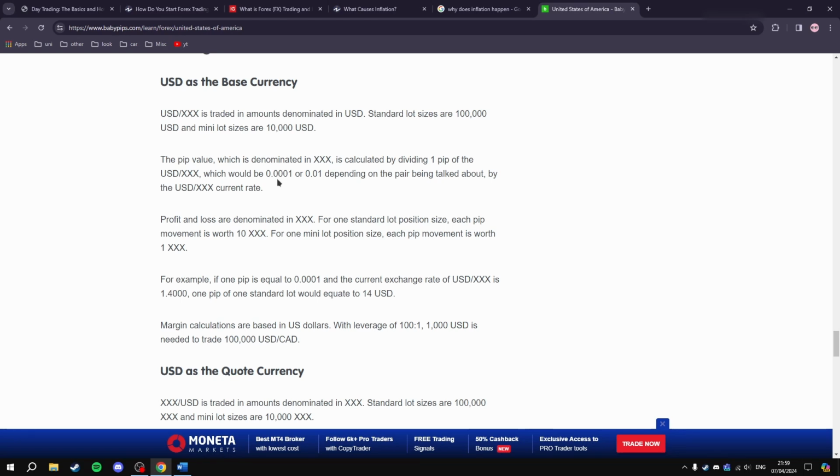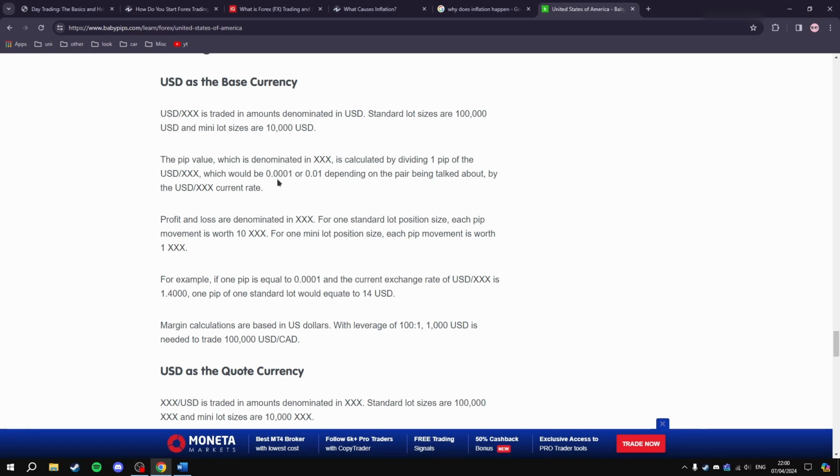Profit and losses are denominated in XXX. For one standard lot position size, so that's 100,000 USD, each pip movement is worth 10 XXX. For one mini lot position size, each pip movement is worth 1 XXX.